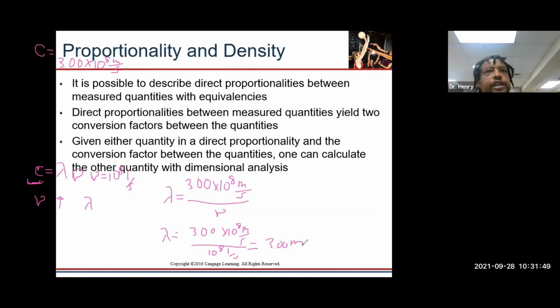Okay, so let's say we increase nu by 10. So instead of making it 10 to the 8th, we make it 10 to the 9th. So then lambda is going to equal 3.00 times 10 to the 8th meters per second over 10 to the 9th, 1 over seconds.